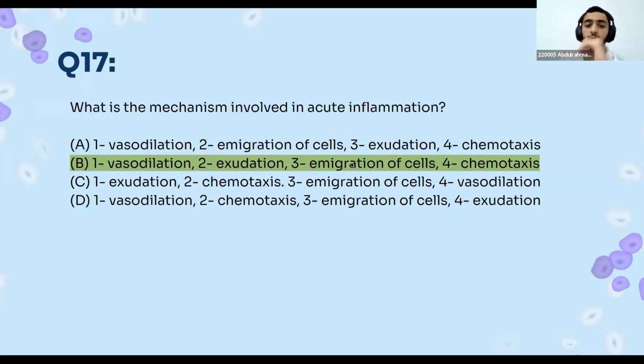And then the next thing is differentiating between exudation and the immigration of the cells. Basically, exudation means that, as Shahd said, the fluids in the blood leave the blood and go into the tissue. So this happens before the cells can start immigrating into the area of the tissue.